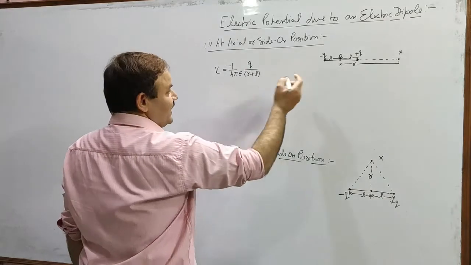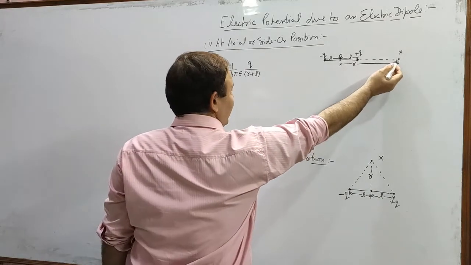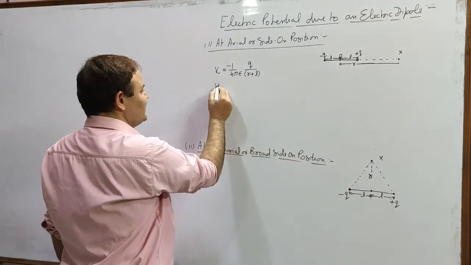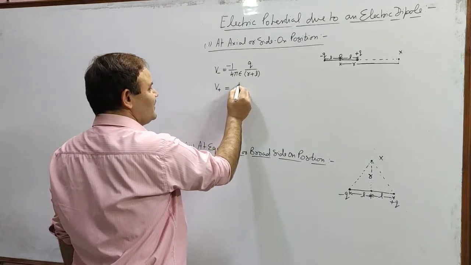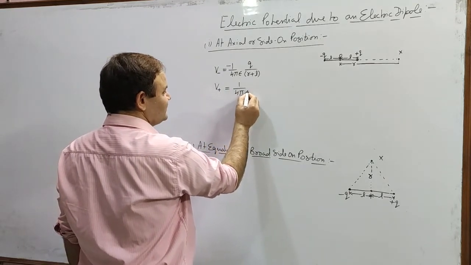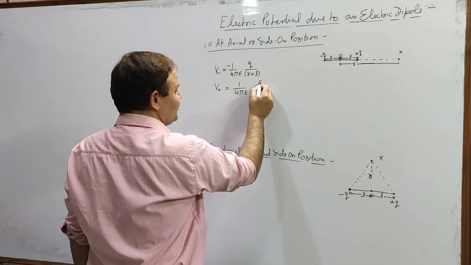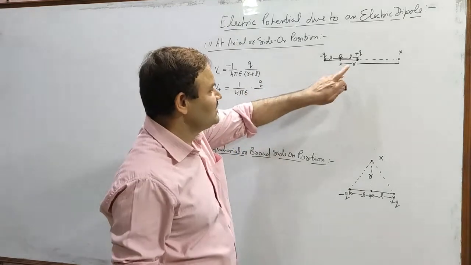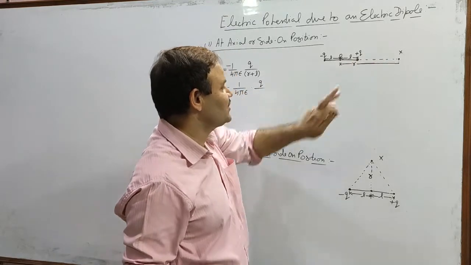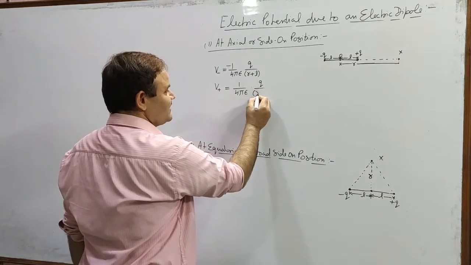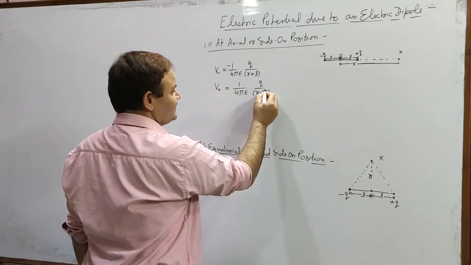Similarly, electric potential due to plus Q at point X, say V positive, will be 1 over 4 pi epsilon Q upon distance, and the distance of X from plus Q will be r minus l.